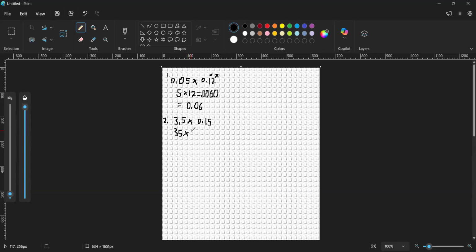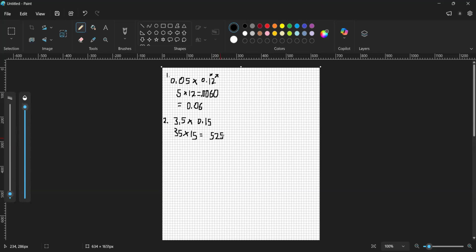525. And then in 0.15, I can see there's one, two. Actually, no, I can see there's... Is it one or two? I think it's... Yes.